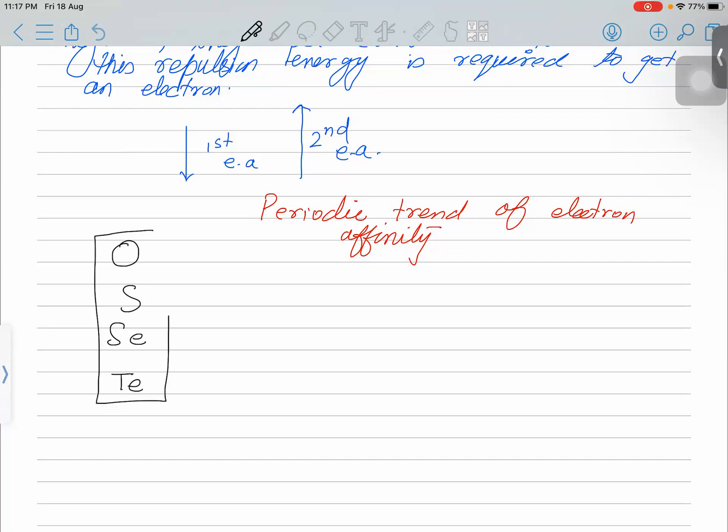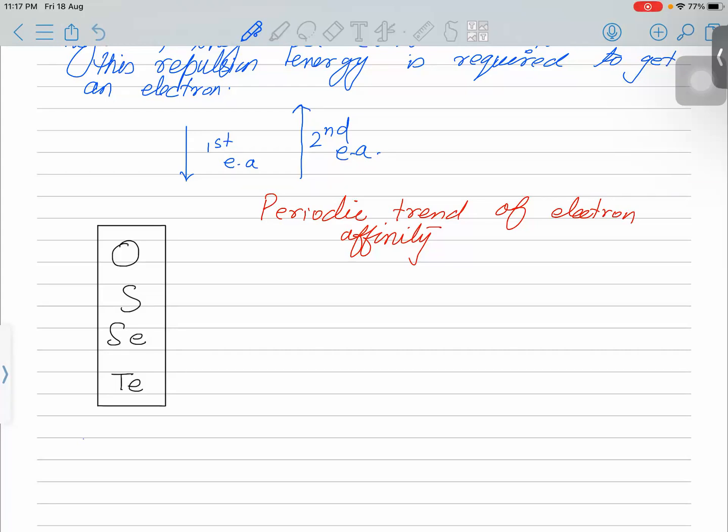This is group 16. Can you tell me, down the group, charge is increasing or shell is increasing? Sir, the shell is increasing, charge is the same.